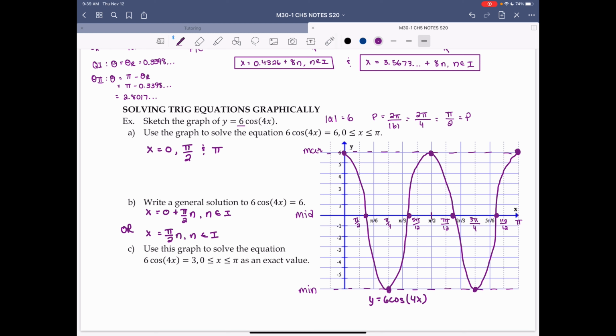Part C: use this graph to solve the equation 6 cos 4x equals 3 for x greater than or equal to 0, less than or equal to pi, as an exact value. Let's draw a dotted line at y equals 3.